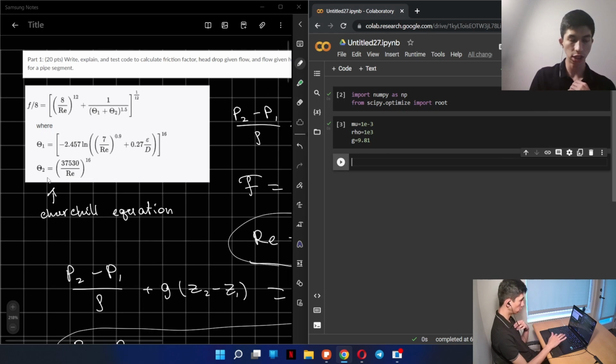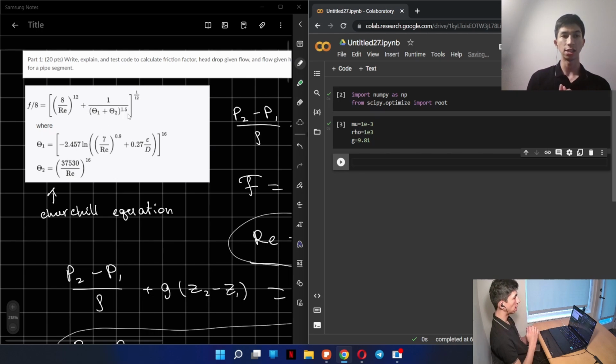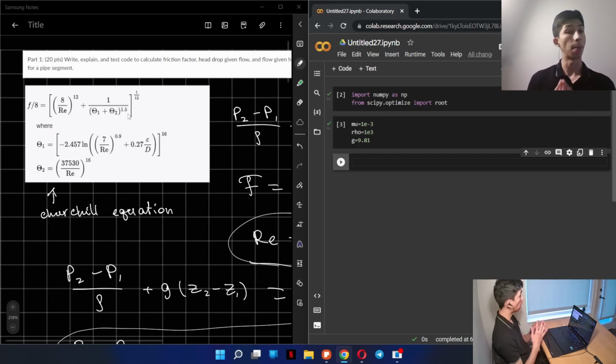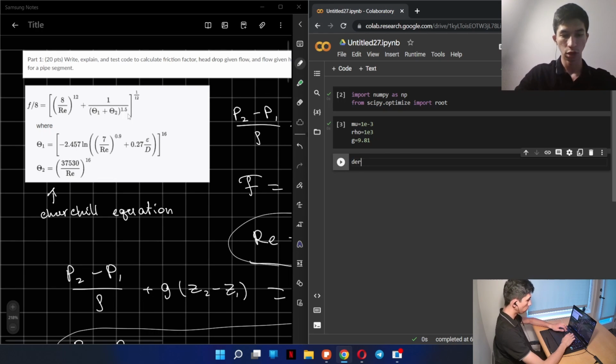We have T1 and T2, and we're going to get a function that returns this thing at the top. But if you notice, it is not a Fanning friction factor, but a Darcy friction factor. So what we need to do is multiply it by 2 so that we have a Fanning friction factor. So we're going to start by defining our function.